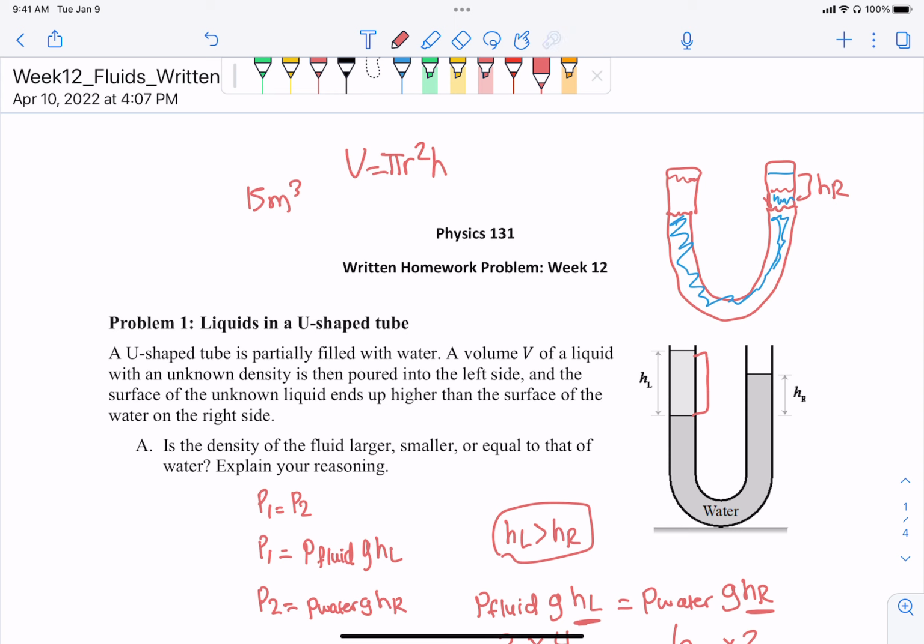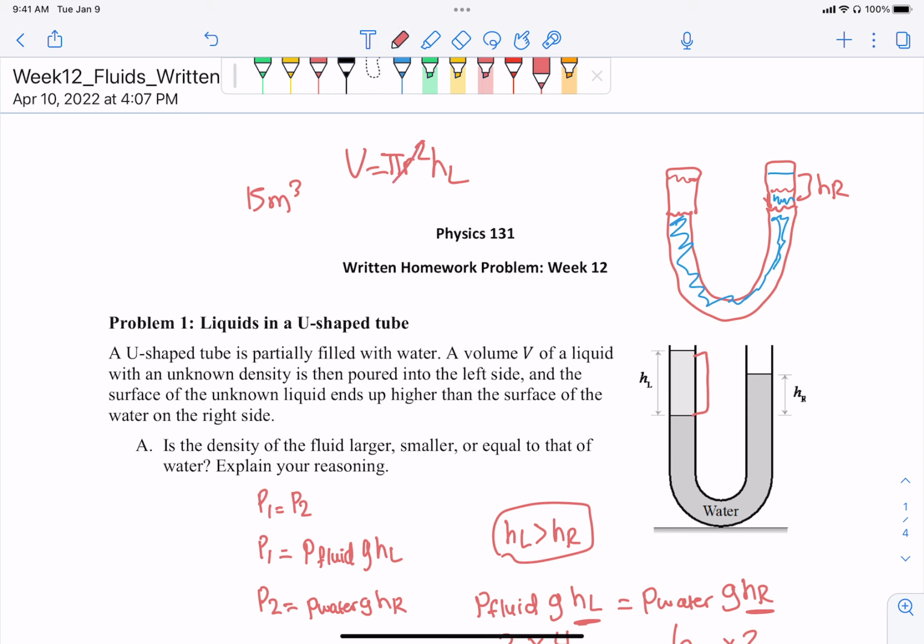So here's your height on the left, and then this is your cross-sectional area. This is just the circular part of the tube, basically, the circle. That's going to stay the same because the tube stays the same. So this is constant, right?